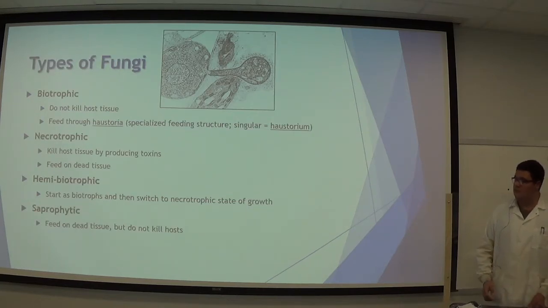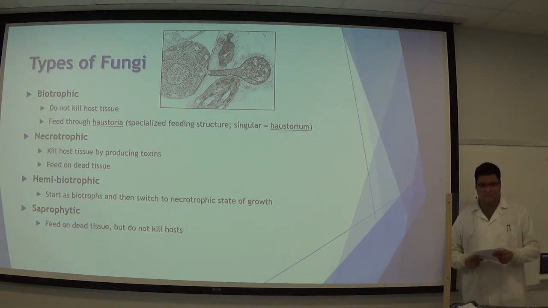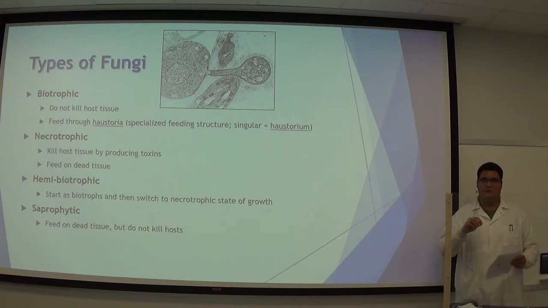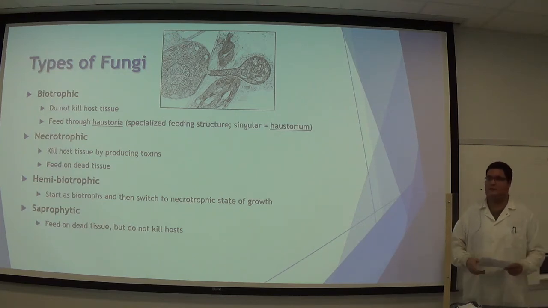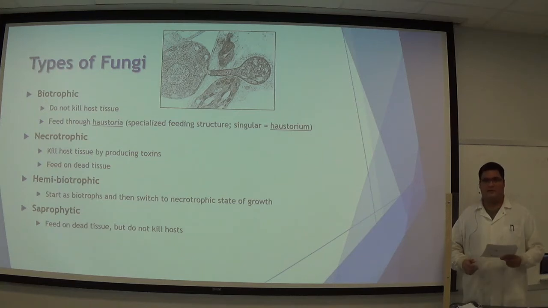So let's see the different types of fungi that we have. We've got biotrophs, which do not kill the host tissue. Instead, they penetrate the cell wall of the plant, but they don't penetrate the cytoplasm. So if you remember, there's a cell wall, and then inside of that, before you get inside the cell, there's kind of an empty space. I think it's called the apoplastic space, but I could be wrong. Is it? Okay, good.